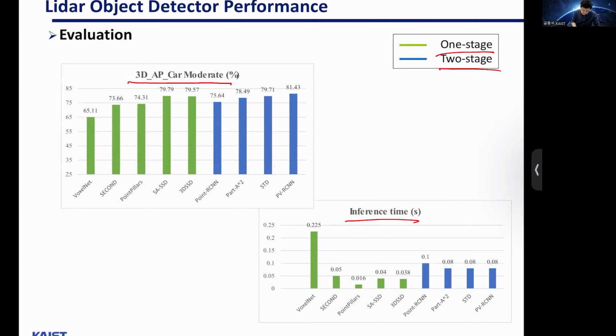As you can see, the voxel-based approaches are somewhat faster than the point-based approaches. And on performance, initially the point-based detector was performing better, but later on, recent voxel-based networks are comparable to point-based approaches.